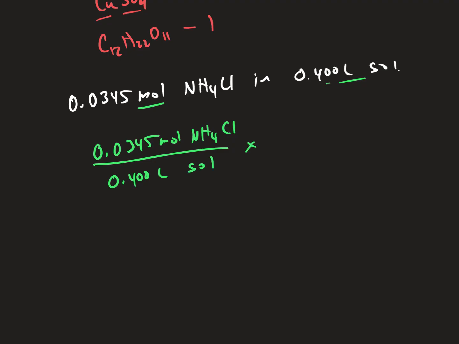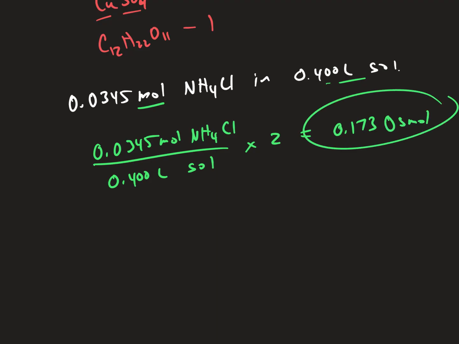Now we have to multiply by the number of particles that dissociate. How many? 2. 1 ammonium, because there's no parentheses, and 1 chloride. Good. And so we get 0.173 osmol. Good?